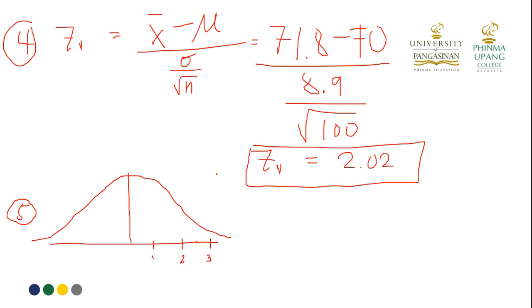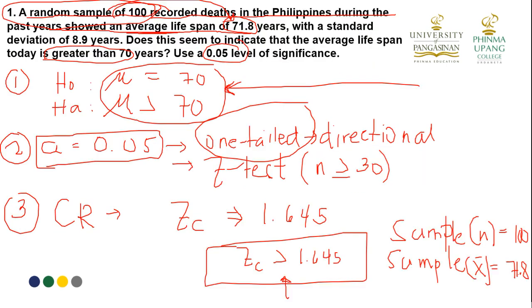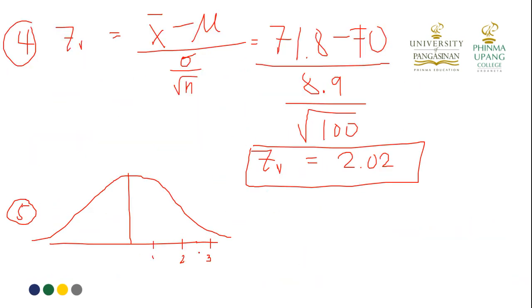We're going to locate the critical region. The critical region is greater than 1.645, and 1.645 is approximately located here. I'm going to write ZC as our critical region. And of course, the rejection area is from the critical region up to the right side of our normal distribution.